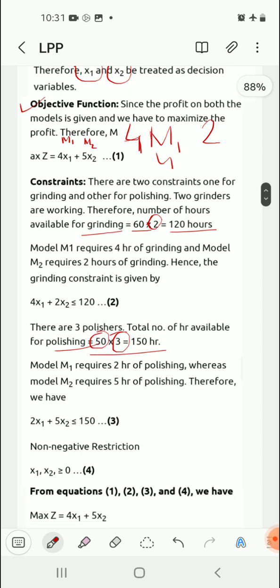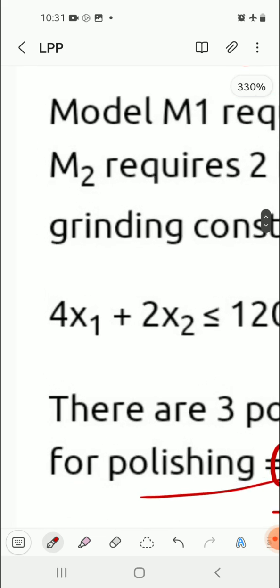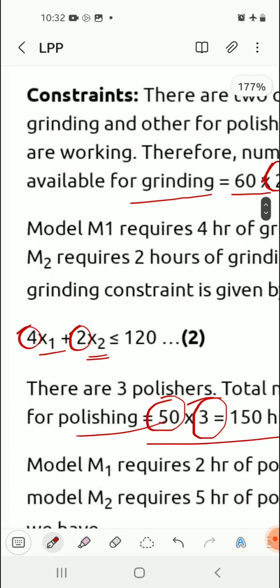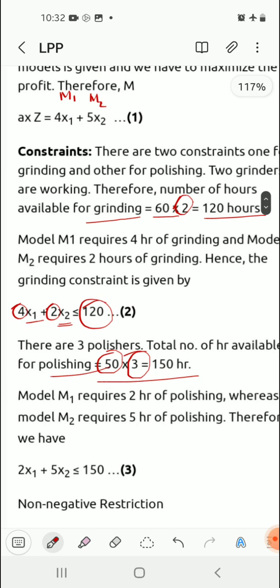That is why I am writing it this way, because X1 means model 1. Model 1 requires 4 hours of grinding, and model 2 requires 2 hours of grinding, and the total number of hours for which the grinders can be used is less than or equal to 120. That means within 120 hours we have to complete this work, so that is why it is less than or equal to 120.